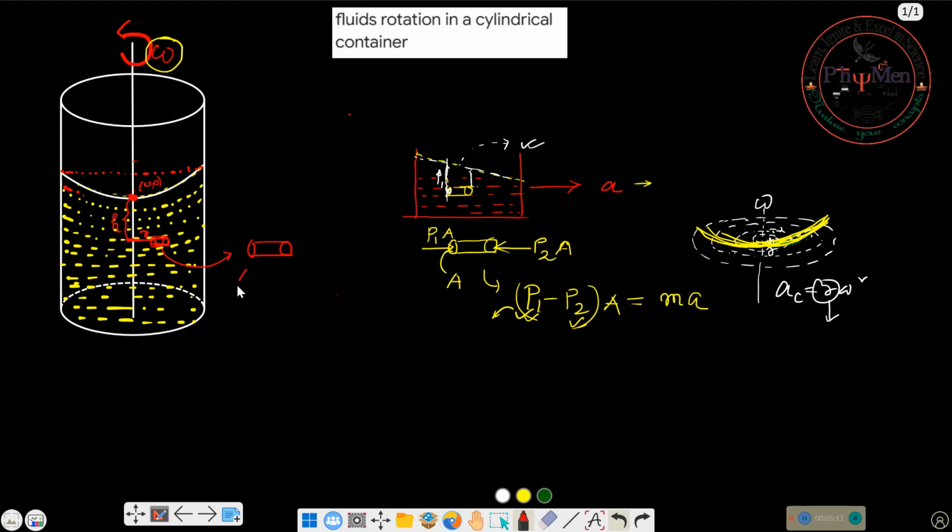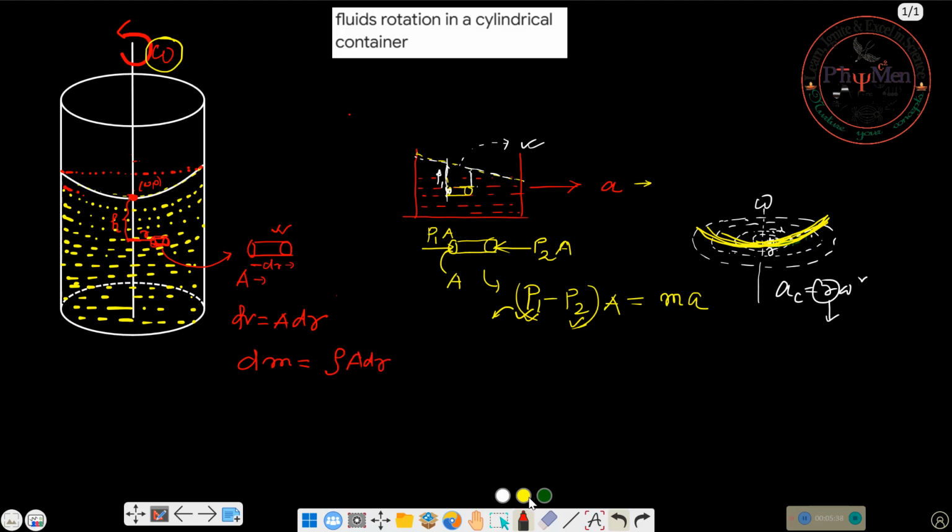Let the area of cross section be A and its length dr, along the radius vector. So its volume will be dV equal to A dr, and its mass will be dm equal to density of the fluid, rho A dr.